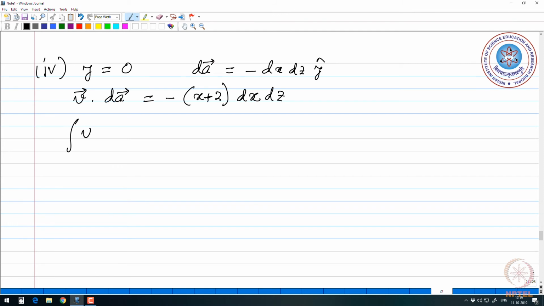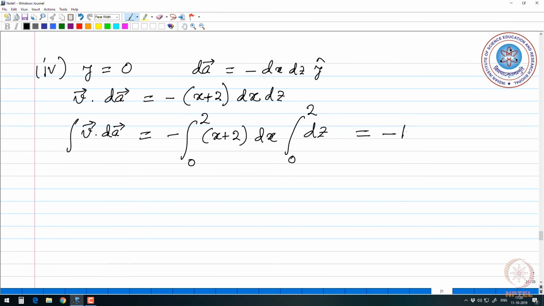The integration over v dot dA on this surface is minus integration over 0 to 2 of (x plus 2) dx times integration over 0 to 2 dz, and this is minus 12.